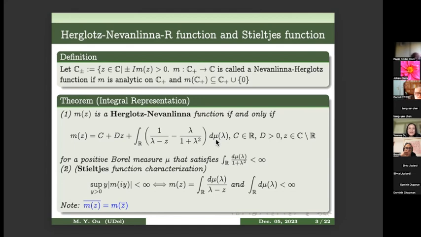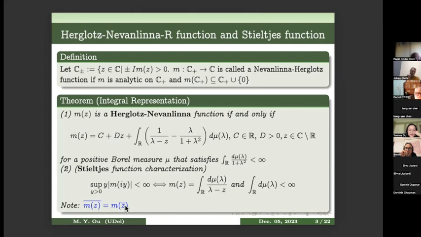And as you can see, because of this representation, even though the Herglotz-Nevanlinna function is only defined on the upper half plane by definition, I can easily extend it to the lower half plane because C, D, and this λ and this μ are real valued. So I can just take the complex conjugate and get this symmetry.